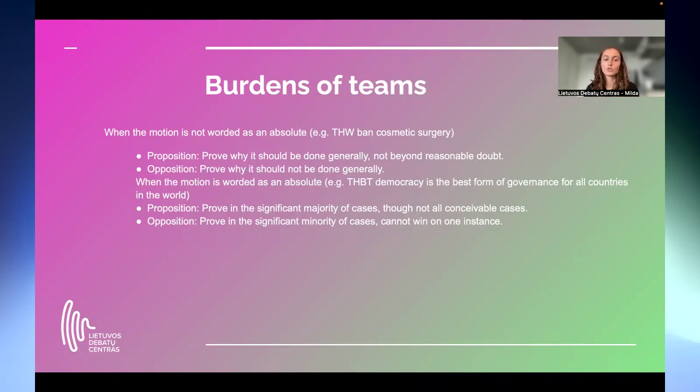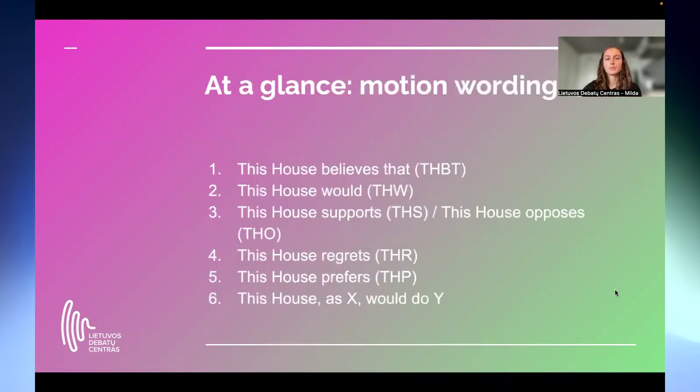And opposition should prove in the significant minority of cases why that's not the case. Opposition cannot win on one instance, for example. So now we will go through the most common types of motion phrasings, what they mean and how you should approach them.